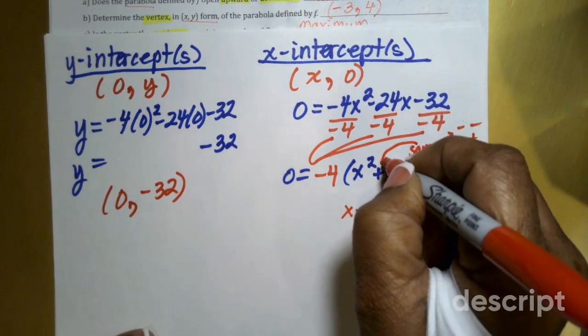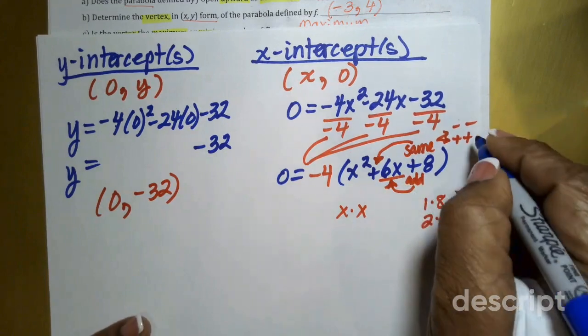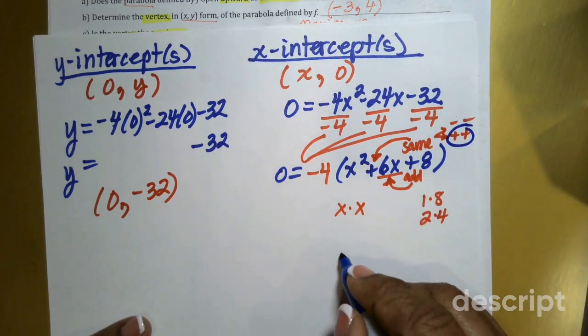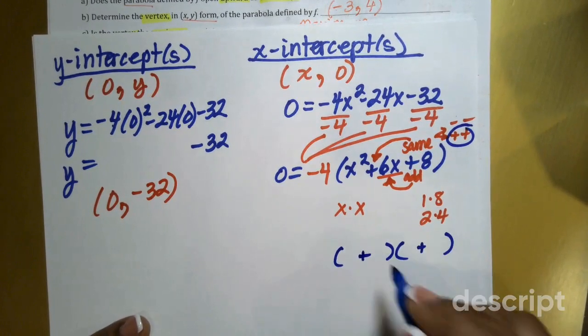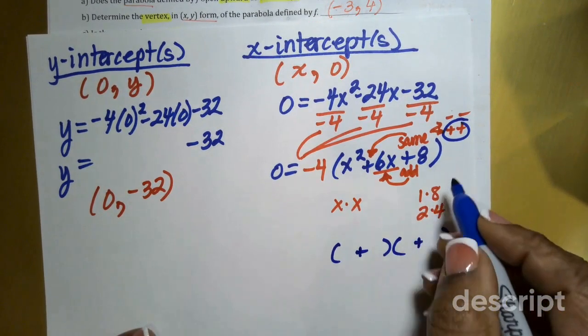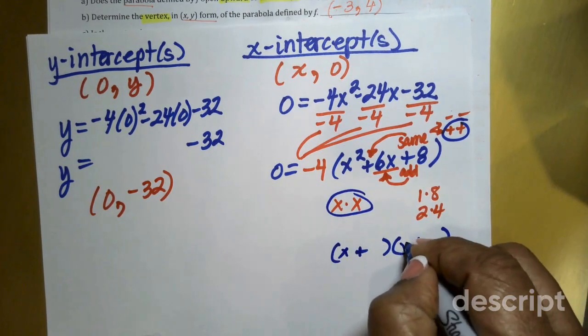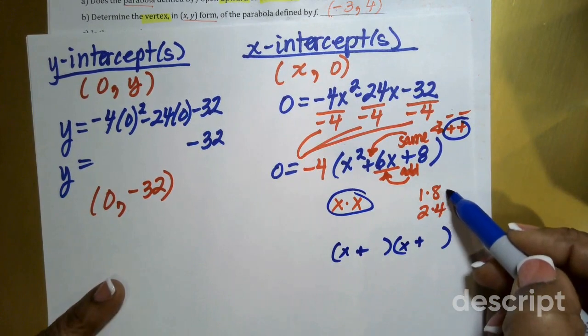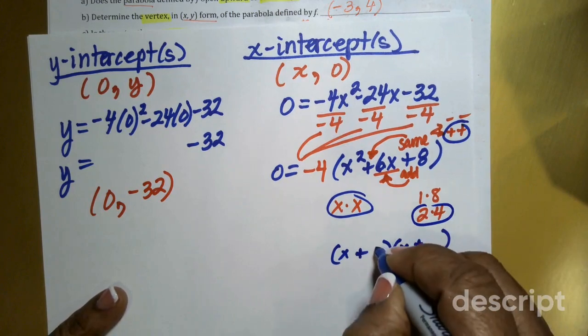So we look to the middle term to determine how it's going to be the same. That plus means I'm going to have plus symbols in my binomials. My choices, the only choice out front is x and x. And which of these pairs add to 6? That would be 2 and 4.